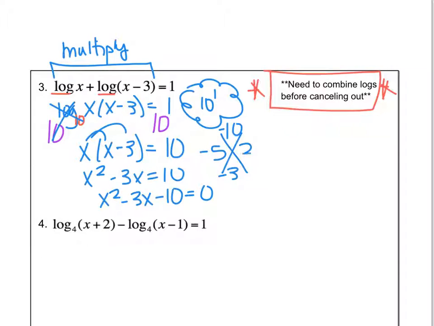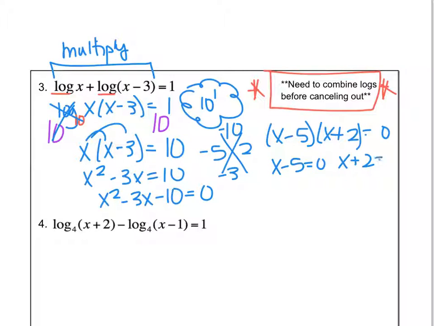It's negative 5 and 2. X minus 5 times x plus 2 equals 0. And then we have to solve it. X minus 5 equals 0, x plus 2 equals 0. We get x equals 5, and x equals negative 2.